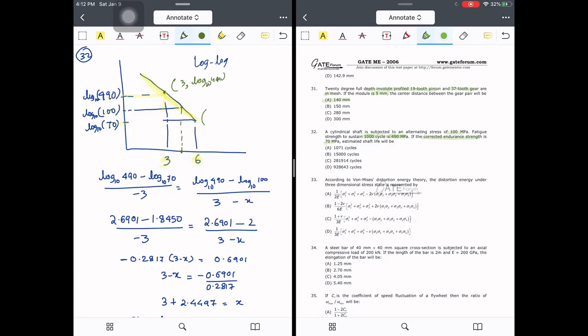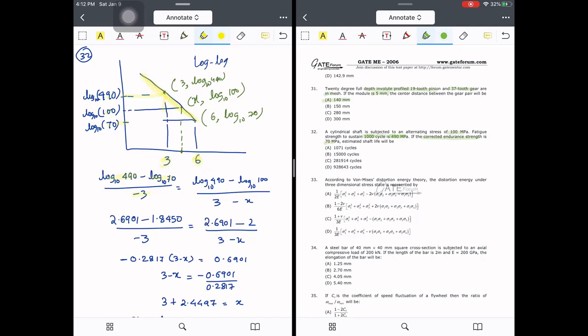Okay, so what I did is, at this point, what is your point? I can say 3, log 10 490, here it is 6, log 10 70, here it will be something, say n, rather I took x, log 10 100.